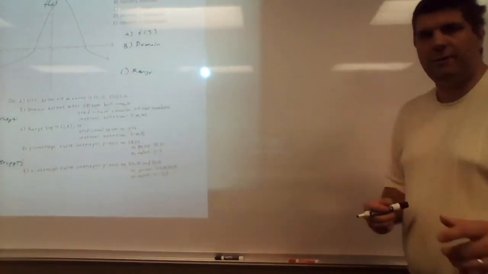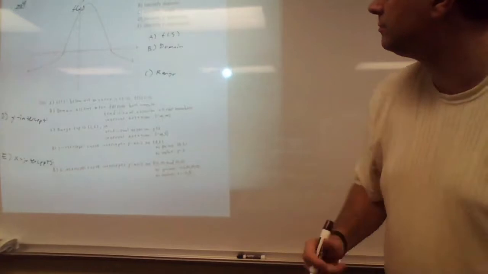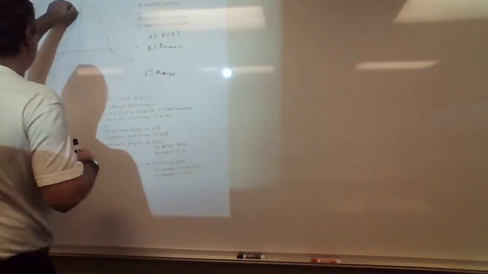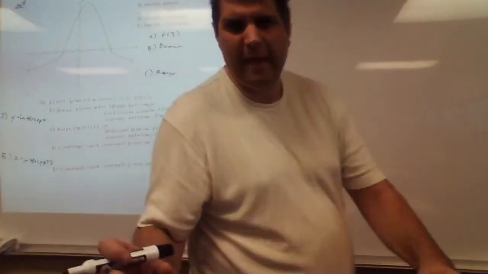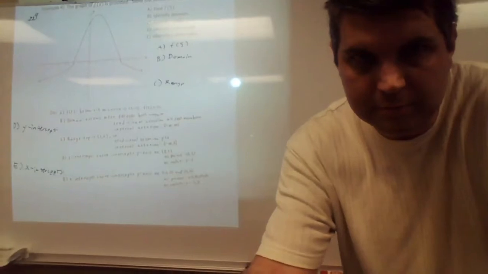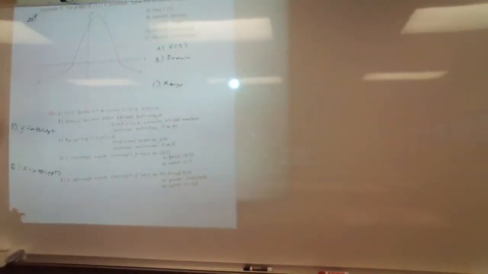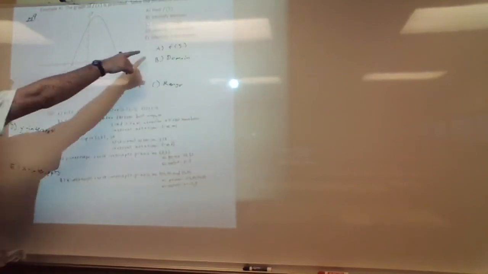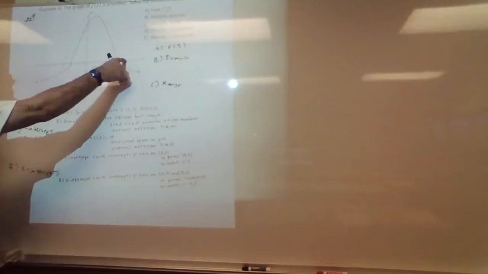All right, we are on page 9. Here we have f of x graphed. And the question asks what f of 5 is. Well, for f of 5, I go to where x equals 1, 2, 3, 4, 5.